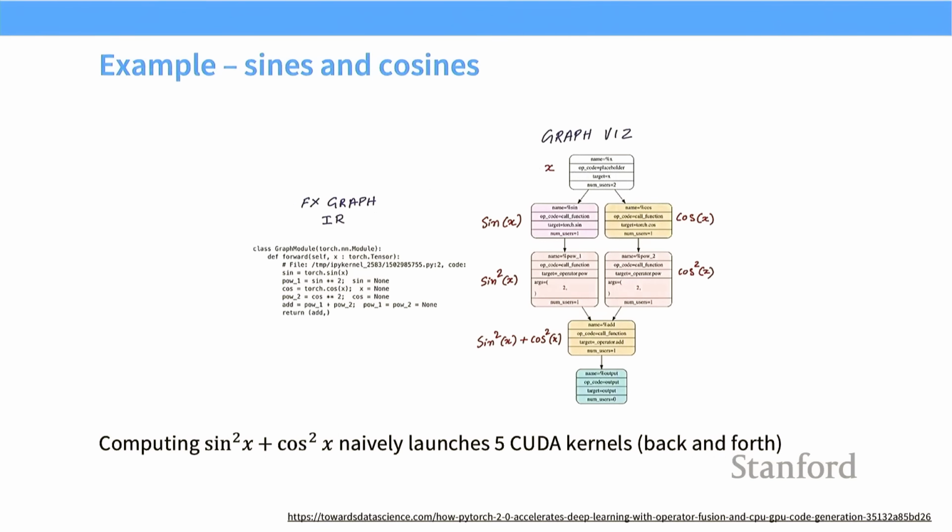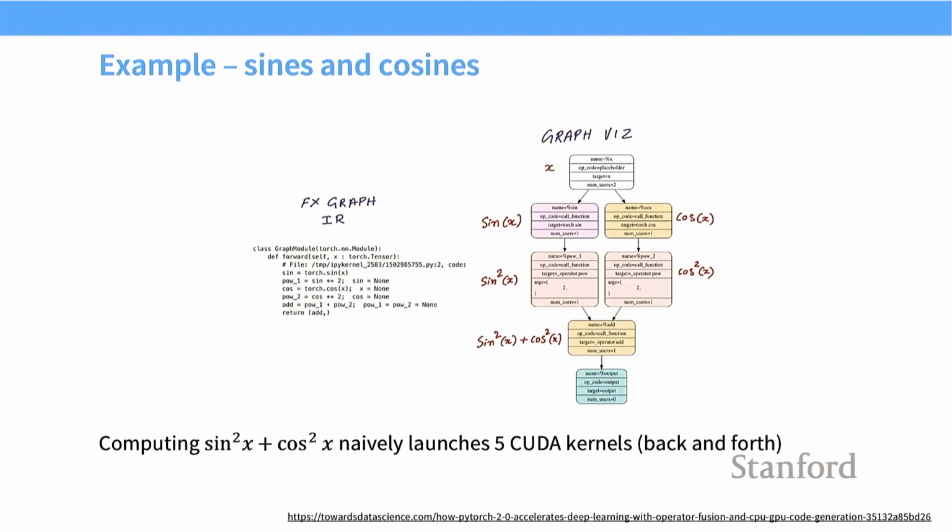Okay. There are some very simple examples of how, if you write some naive code, you might get a naive set of launches. So here's an example. Let's say I write a neural network module that takes in x and produces sine squared x plus cosine squared x. Simple code.